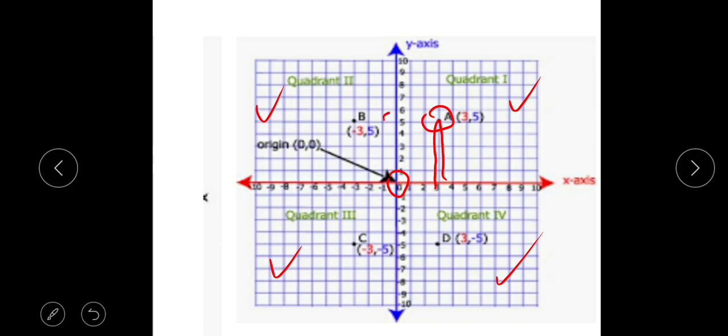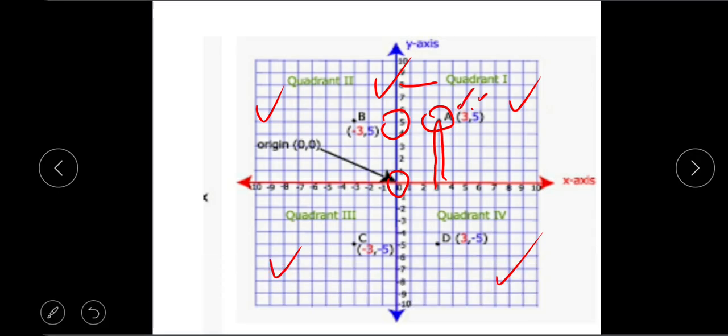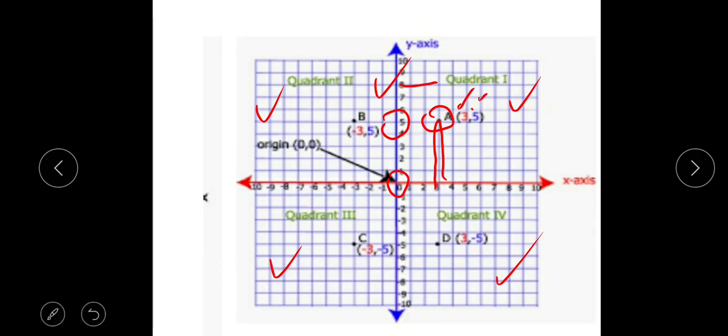That 5 we can see on the y-axis. That 5 is marked in this bracket here. Then this point A is 3 units away from the y-axis. That 3 we can see here in the bracket first, and that 3 we can see here on the x-axis.